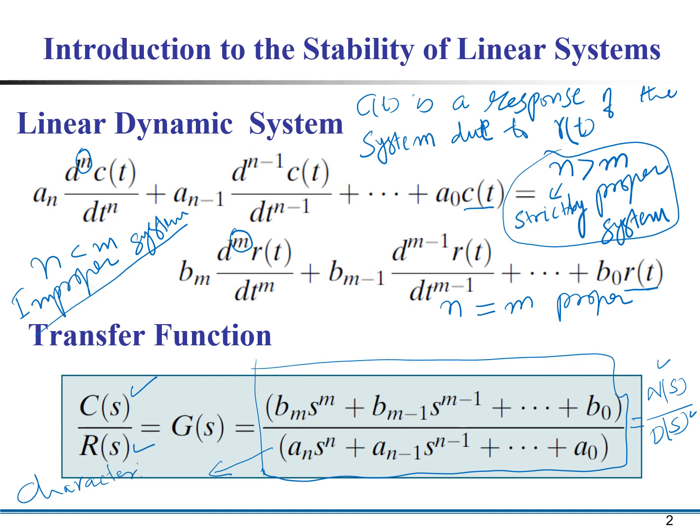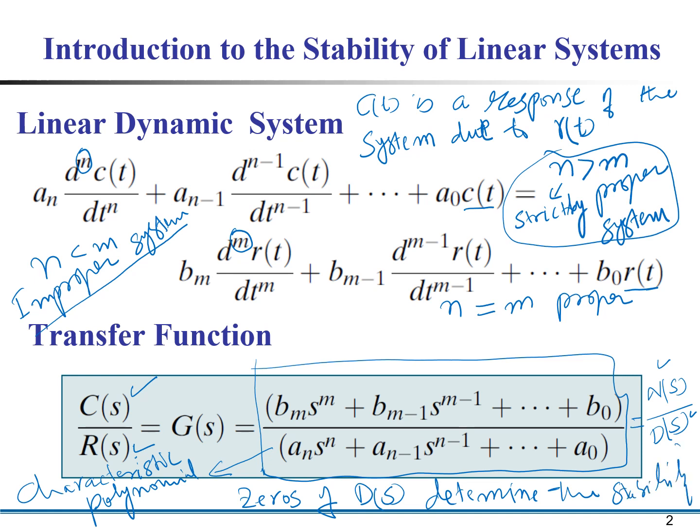Characteristic polynomial. And the zeros of the D of s polynomial determine the stability of the system.